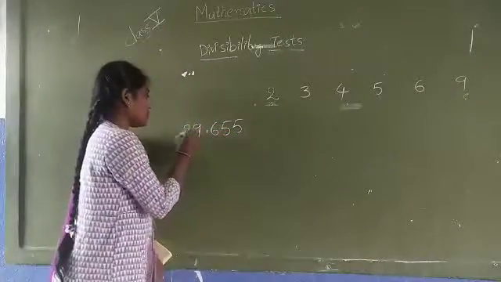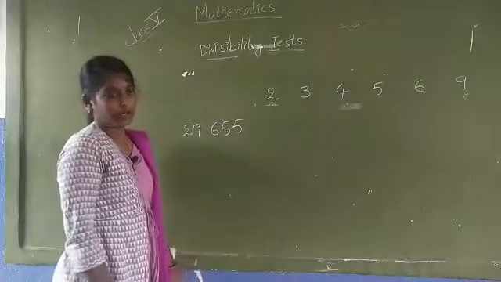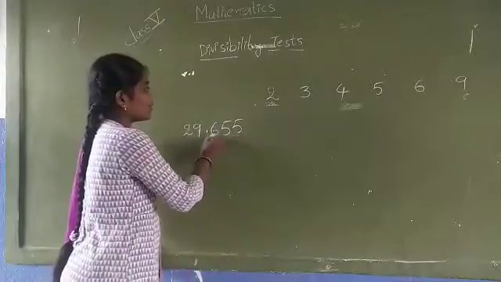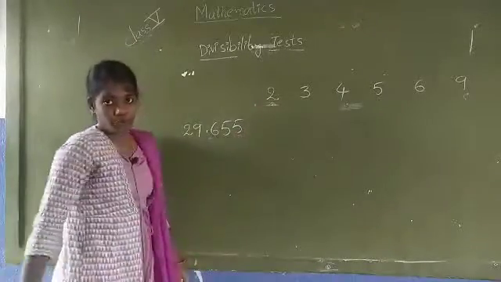First, this is 29,655. Whether it is divisible by 2 or not, you have to find that.